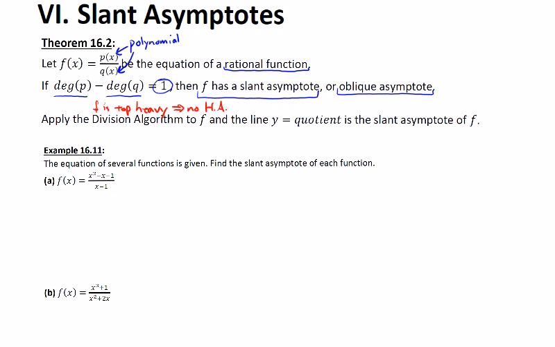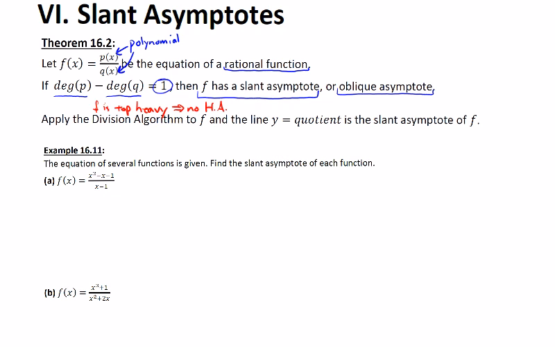So what I also mentioned back in the horizontal asymptote discussion was that if it's top-heavy, yes, there is no horizontal asymptote, but there might be a slant asymptote. So this theorem gives us the criteria to check to see whether or not there is going to be a slant asymptote. Now, of course, this begs the question, how do you find the slant asymptote if you know there's supposed to be one?